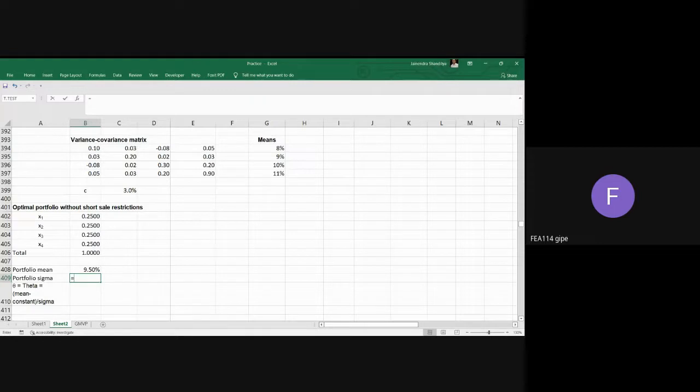So okay, I will have to do matrix multiplication, of course. And then again matrix multiplication, because I'm going to use two matrices. Then I have to use the transpose of this with this.